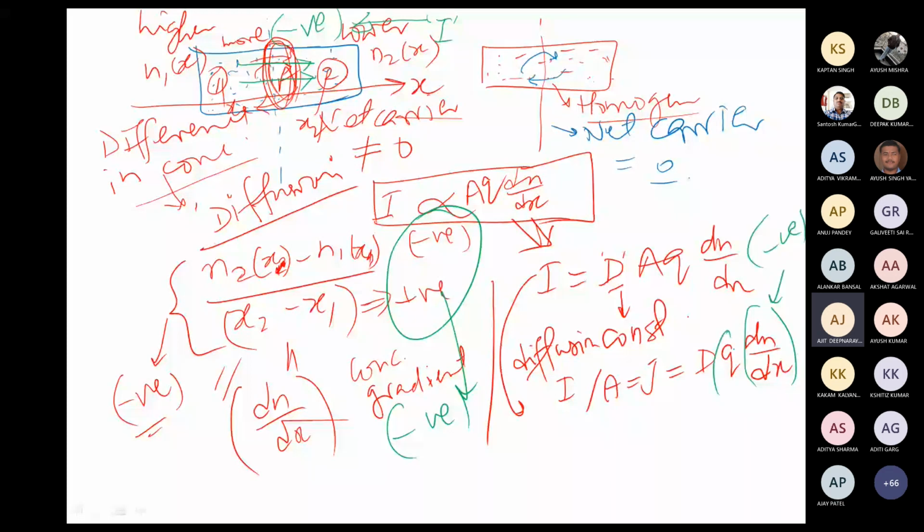So we have two negative quantities multiplied together, which after multiplication becomes positive. So if we want to represent the diffusion current density, we don't need to put a negative sign before this expression, because q is negative and dn by dx is negative, so both negatives become positive. This gives the current direction here.